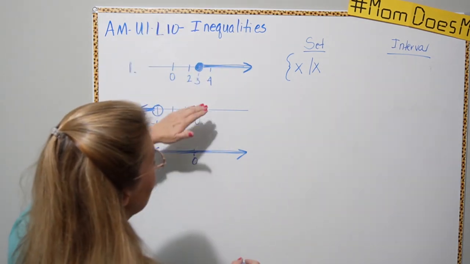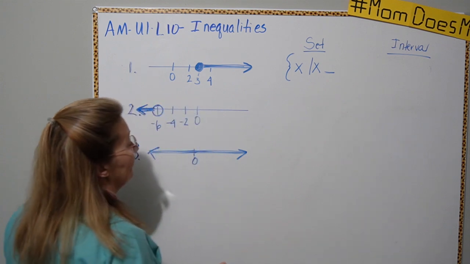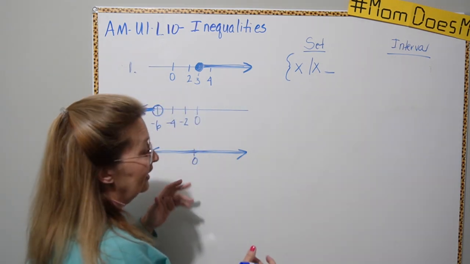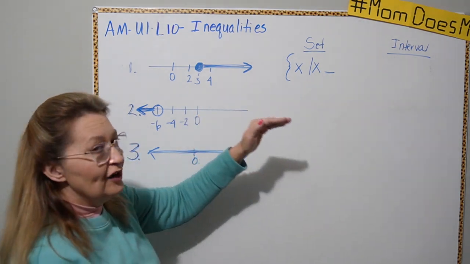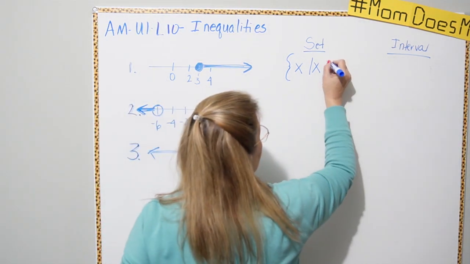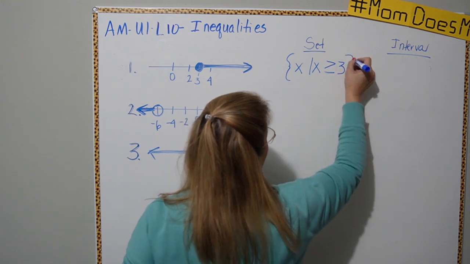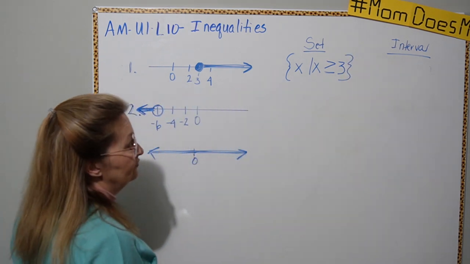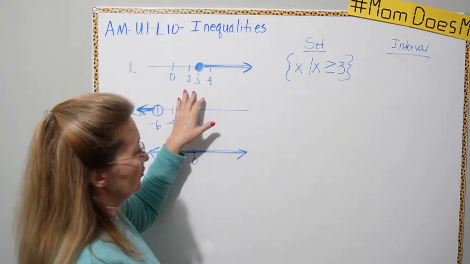So that lets me know I'm going to need the equals to sign part of that. Now, do I want greater than or less than? Well, where's my set going? It's going towards the numbers that are greater than 3. So I'm going to use the greater than symbol, 3, and then you just close your bracket. Okay? X such that x is greater than or equal to 3.